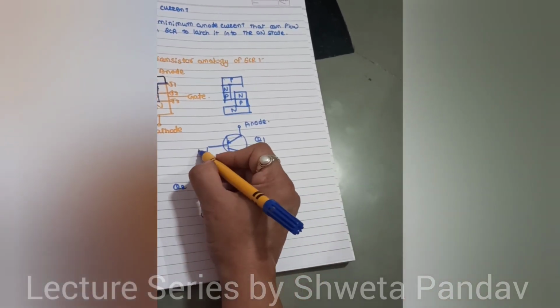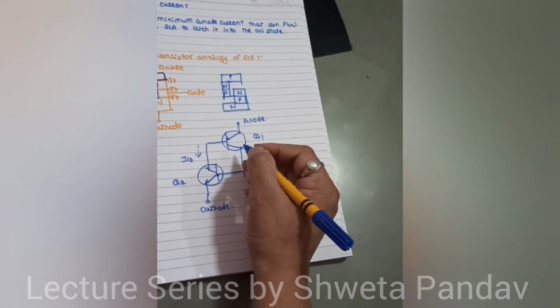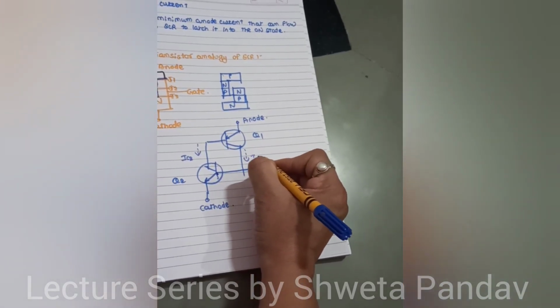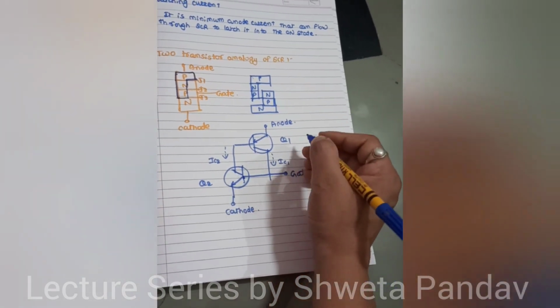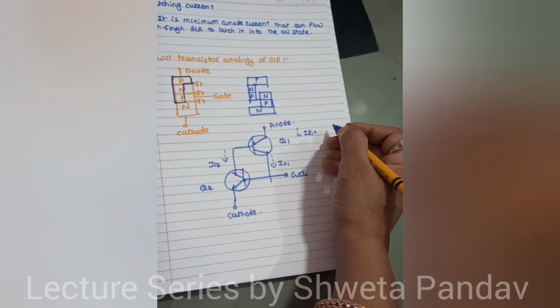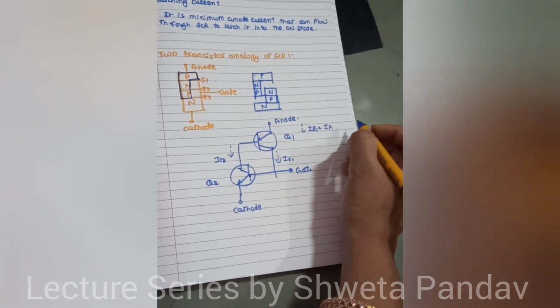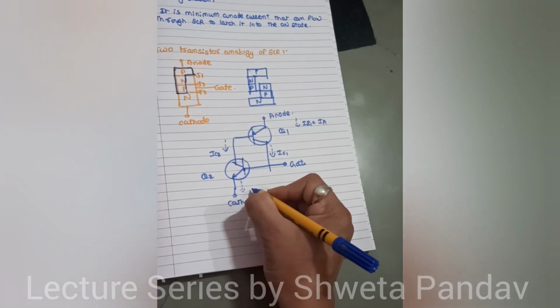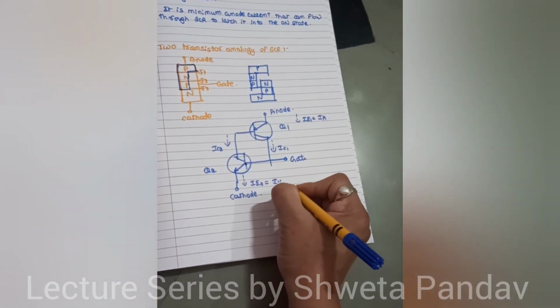Let us say IC2 is the current flowing through Q2, IC1 is the current flowing through Q1, IE1 is the current through Q1, which is nothing but the anode current, and IE2 is the current flowing through Q2, which is the cathode current.